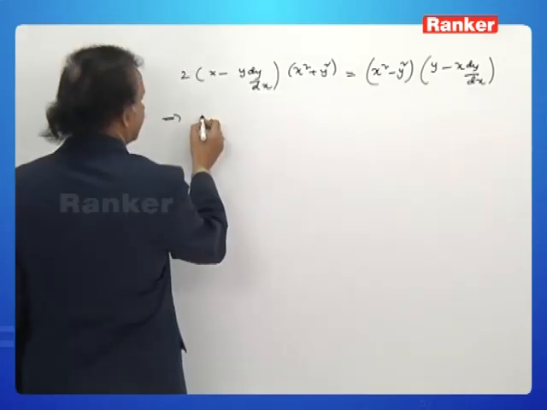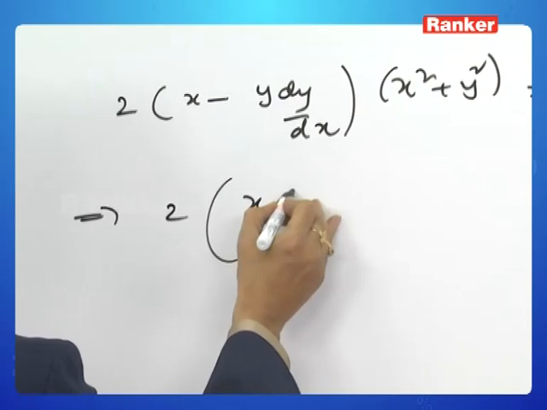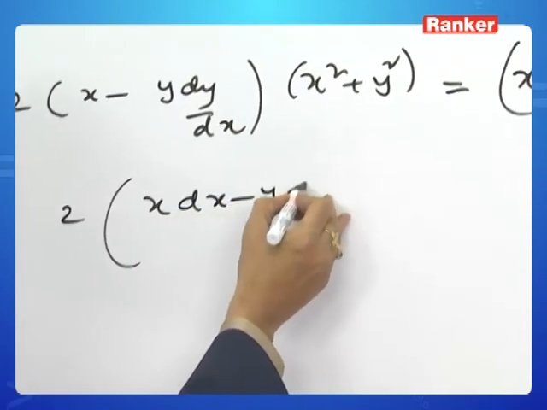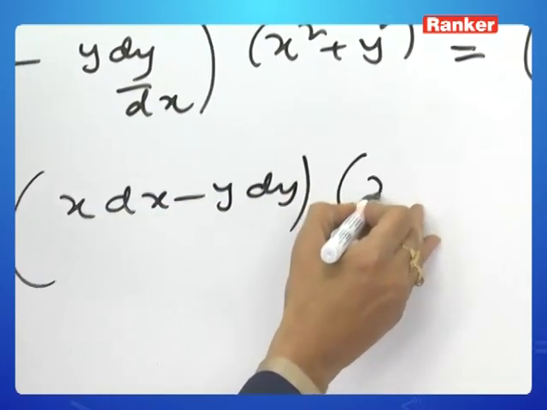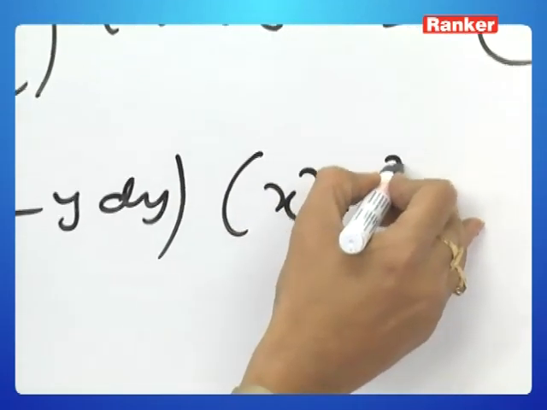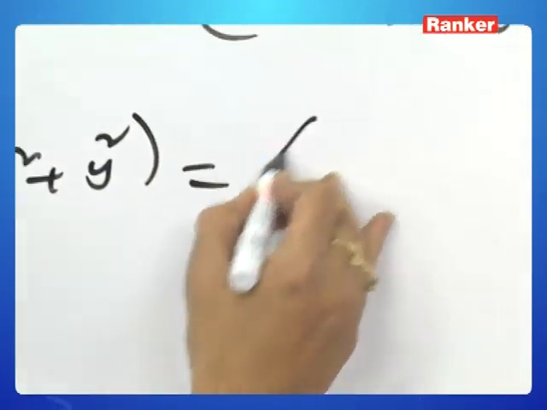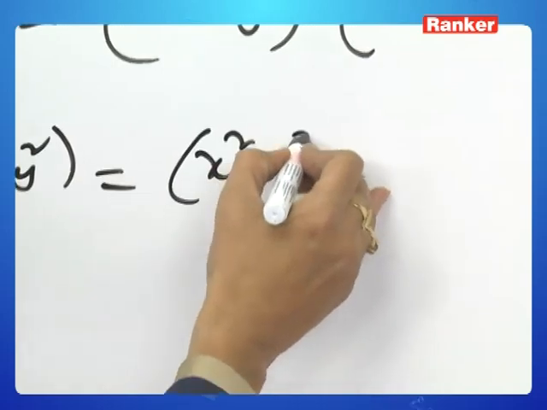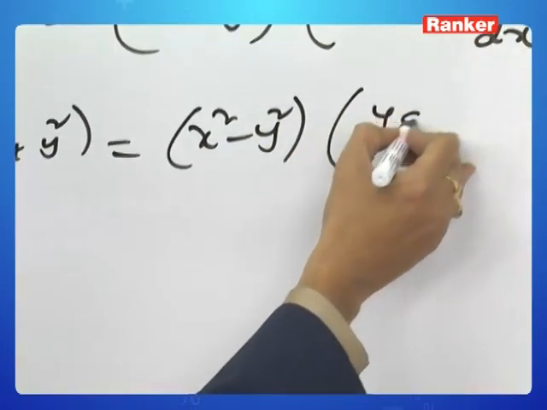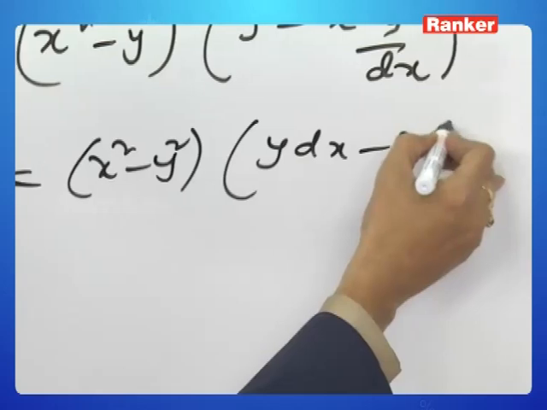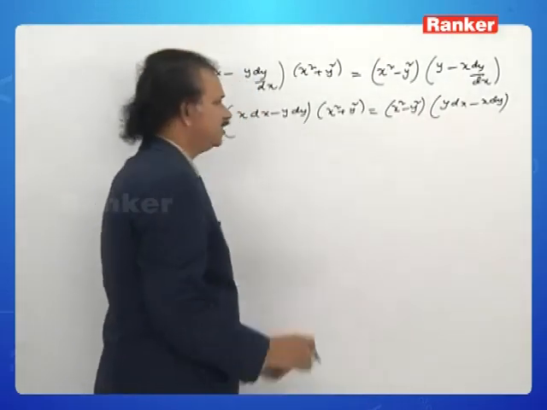This is equivalent to 2x dx minus y dy into x square plus y square is equal to x square minus y square into y dx minus x dy.